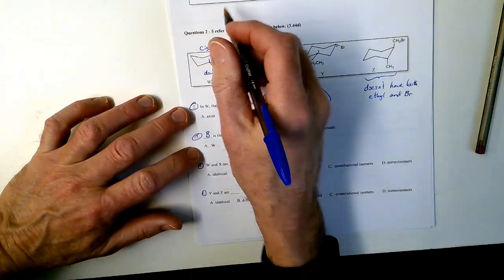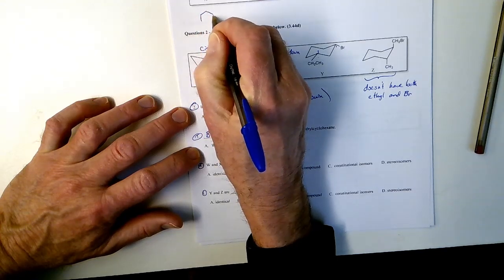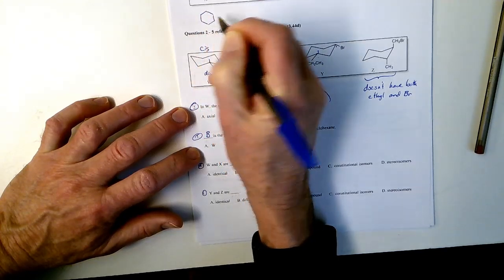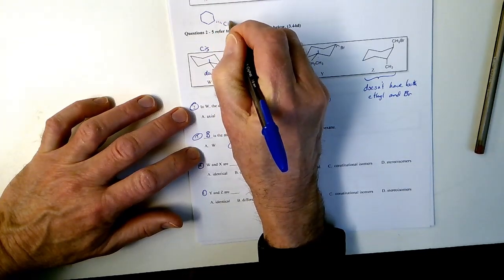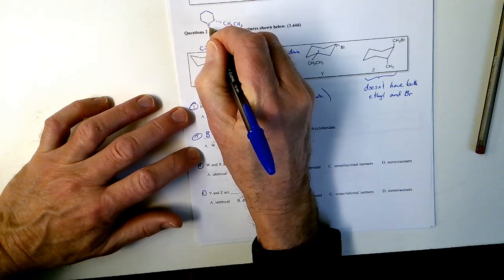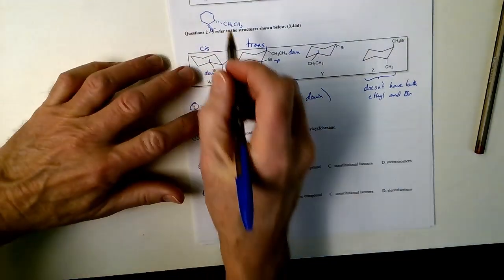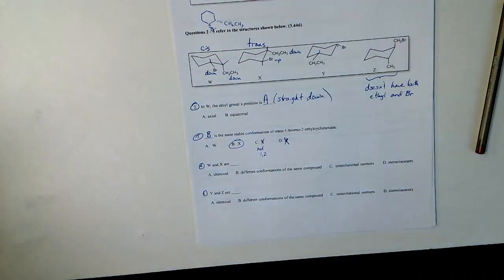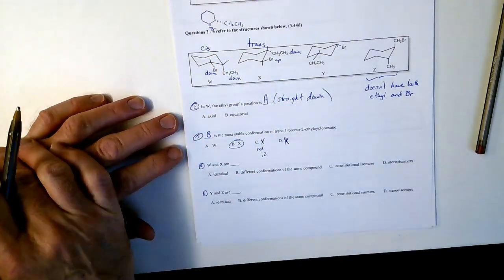If you were to draw that as a flat view of the ring, you could draw it like this. That one's down, C2CH3, that's the ethyl group, and that one's down, bromine. Okay, now it would be just as correct to draw them both pointed up, because that would be cis. Either one of those are a way to draw cis.